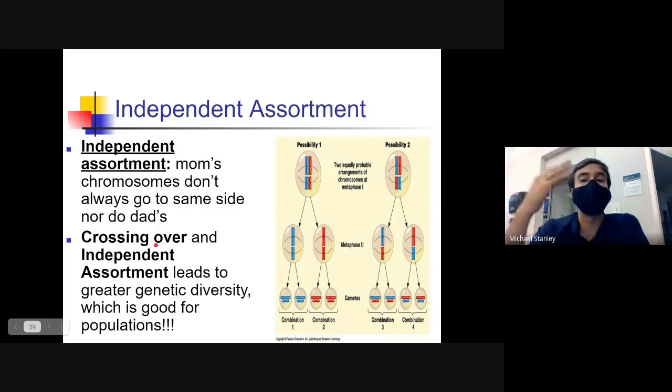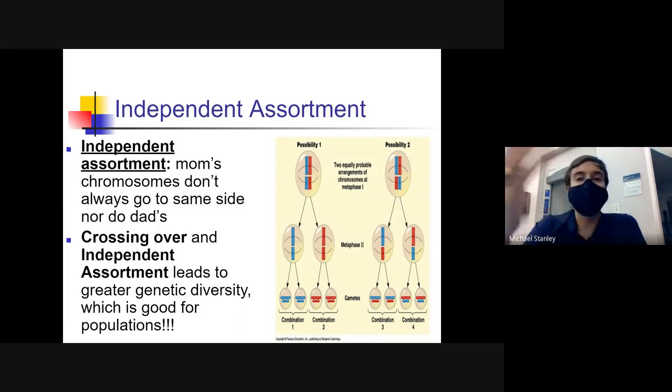If you've ever seen a really big family of like 5 or 6 kids, sure, they all share the same overall gene pool, so they all look kind of similar to each other. But assuming that there's no identical twins or triplets, none of them look exactly the same, right? And none of them look exactly like their parents.